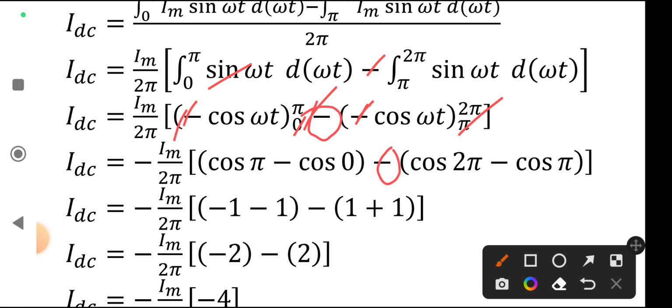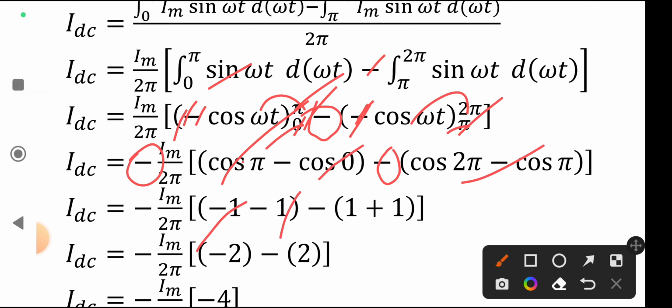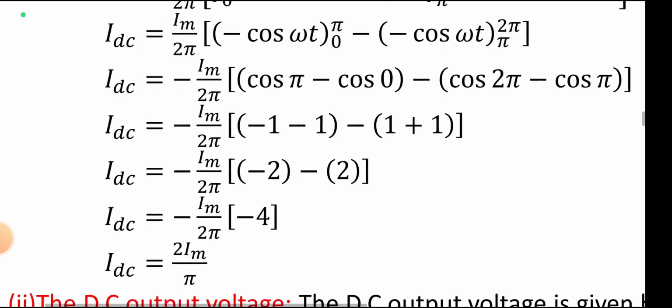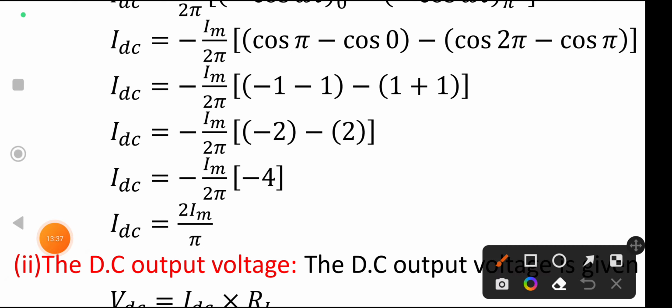Apply the limit values: first apply pi, and then 0, here apply 2 pi, then pi. Cos pi is minus 1, and with the minus it becomes 1. Cos 2 pi is plus 1, cos pi is also minus 1, so plus 1 plus 1 is 2, and it is also minus 2, it becomes 4 in total. The minus cancels, 2 ones are 2, 2 twos are 4.